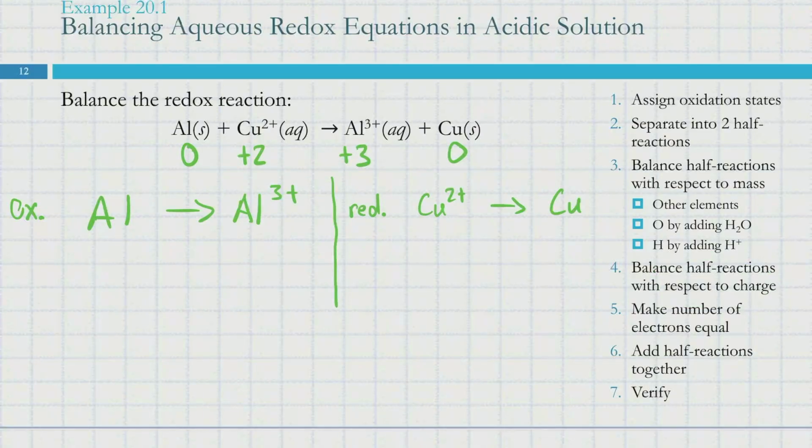So our charge for our oxidation reaction is 0 on the left. It's 3+ on the right. For our reduction half reaction with copper, it's 2+ on the left, and it's 0 on the right. We can add electrons to reduce the charge.